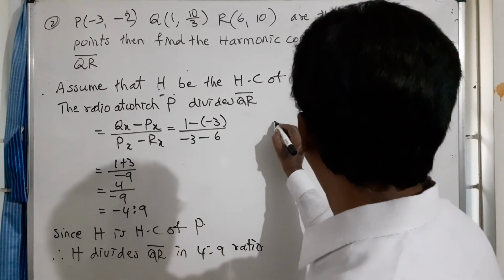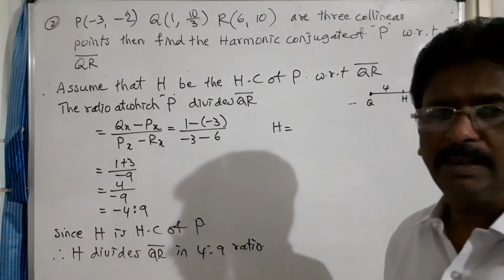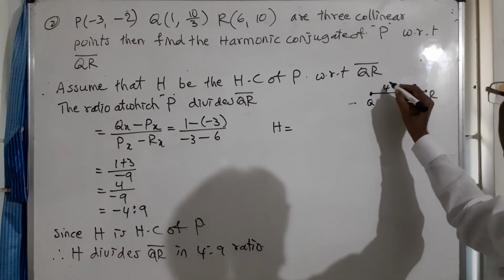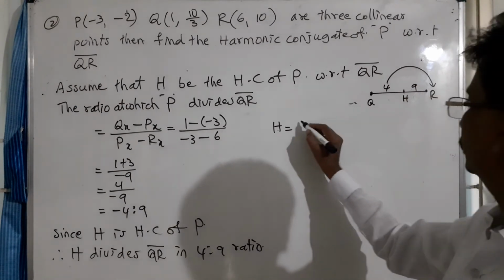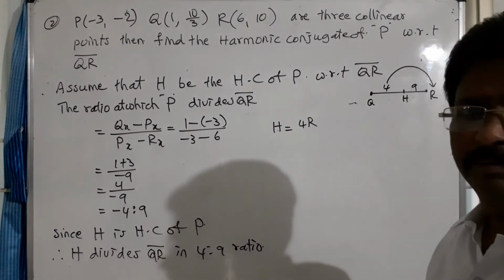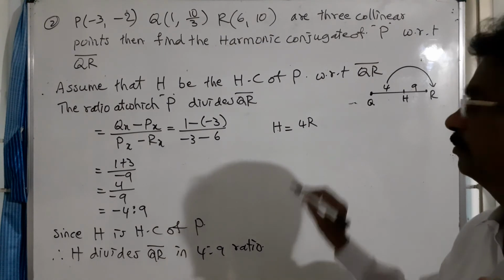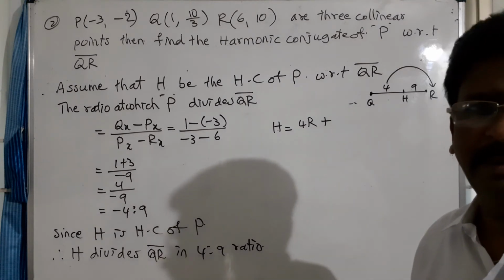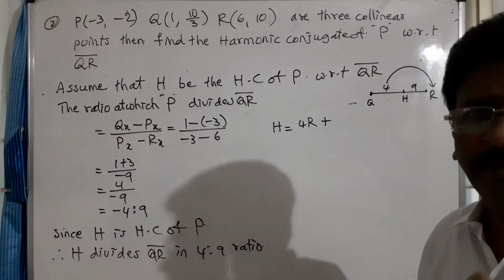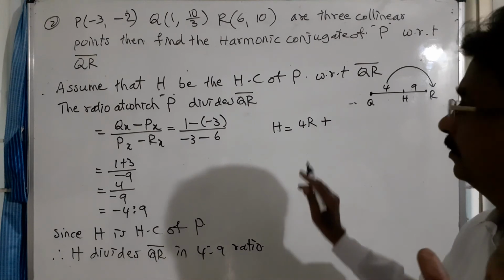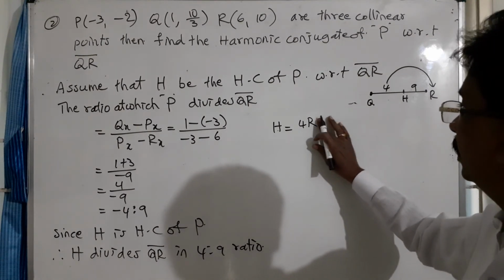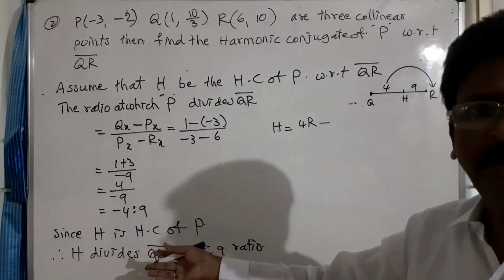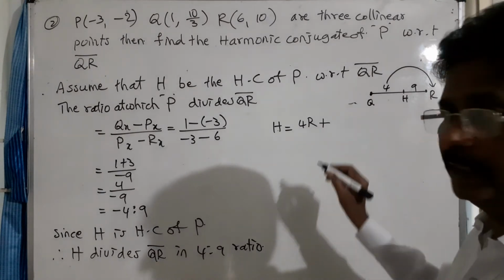Now write the H coordinates. You take the product like this. I will suggest this: 4 into R, 4R. Because it is an internal point, put the plus sign. If it is an external point, suppose in case H is the external point, put the minus sign here. But here H is the internal point, therefore we have to put the plus sign.